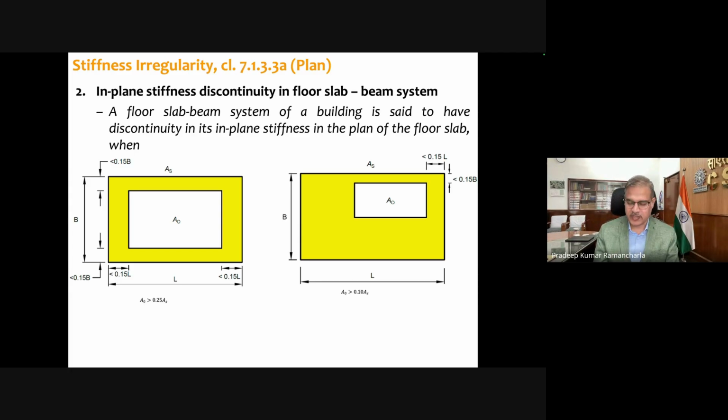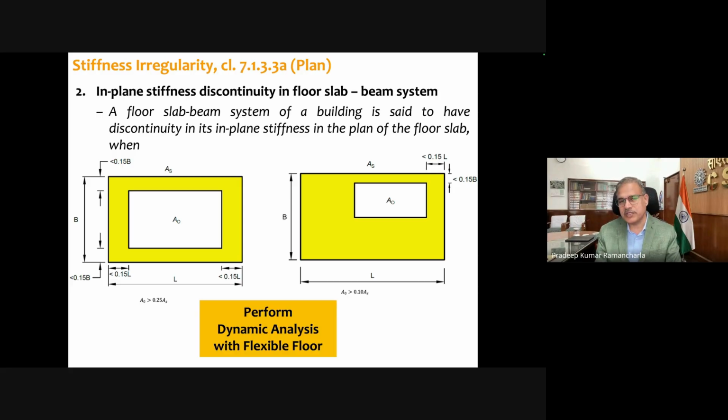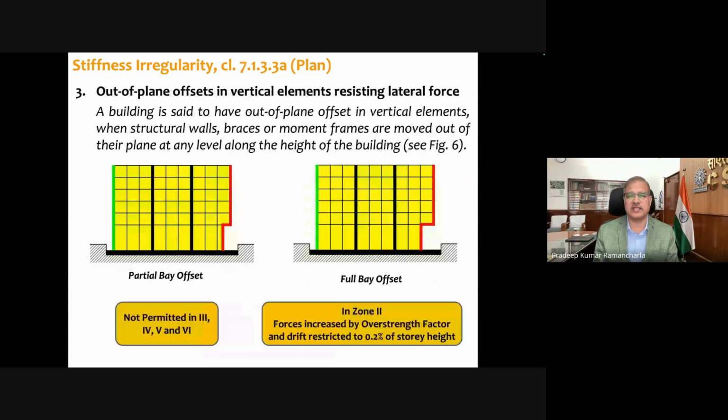Then what to do in such a situation if discontinuity is encountered? Perform dynamic analysis with a flexible floor diaphragm as an assumption. Then distribution will not be in proportion to lateral stiffness, but it will be related to the flexibility. So higher forces will be there and force distribution will be different in different lateral load resisting elements.